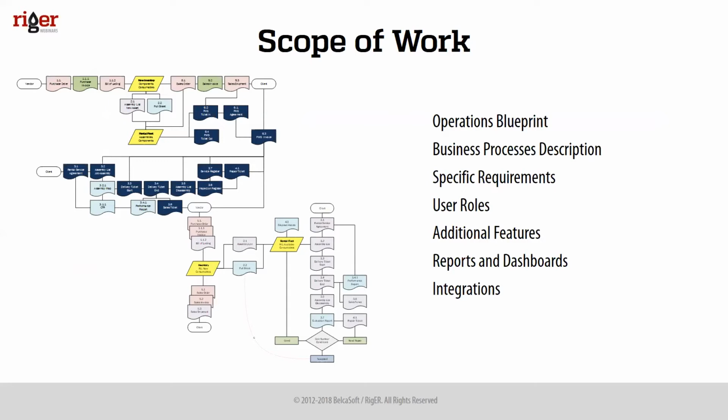The scope of work is a very important document, which gives us an opportunity to understand what kind of requirements the client has, and how we can realize this in the system. It could be user roles definition. It could be additional features, special reports and dashboards, or even integration with different systems.